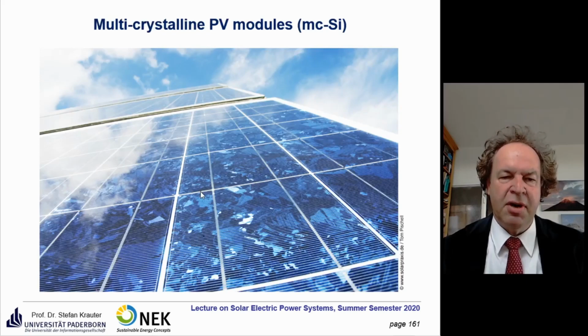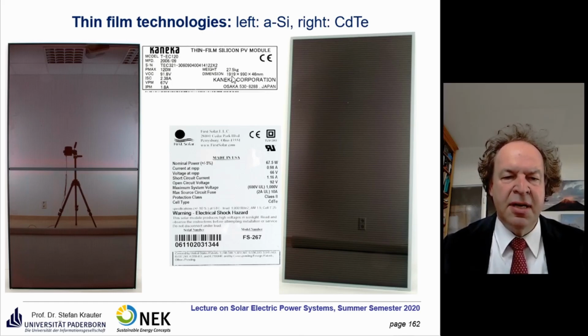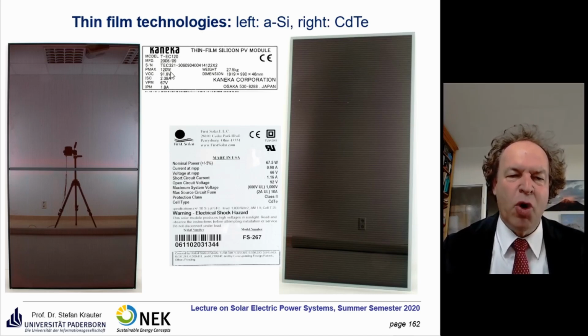Here you see the structure of a monocrystalline and multicrystalline PV module. Here you see thin film modules on the left side made of amorphous silicon. You see the size is quite big, almost 2 square meters, and the power output is relatively small, 120 watt only.